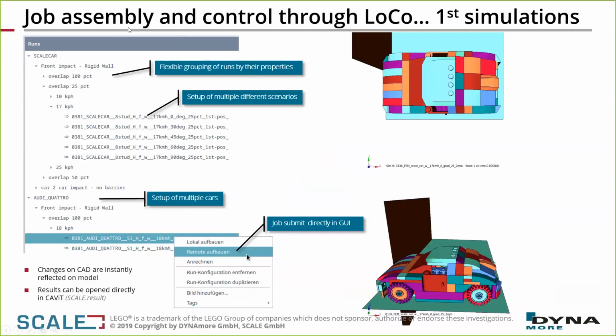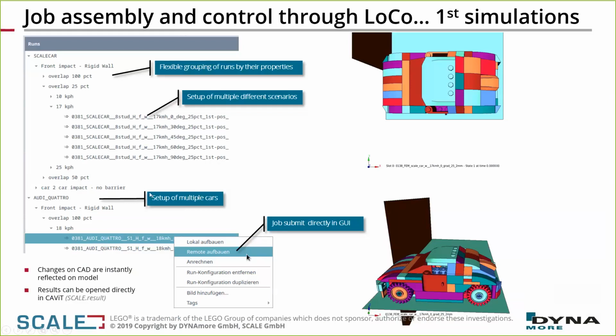Another aspect of LoCo is that once you have got all your data in, all your simulation data, your meshed bricks and the CAD data for the positions of the bricks, it becomes easy to set up many, many different load cases. For example, here you can see in the screenshot, I set up with my small scale car different load cases for different velocities like 10 kph, 25, 17 kph, and so on, and different impact angles for the barrier, and different overlap with the barrier.